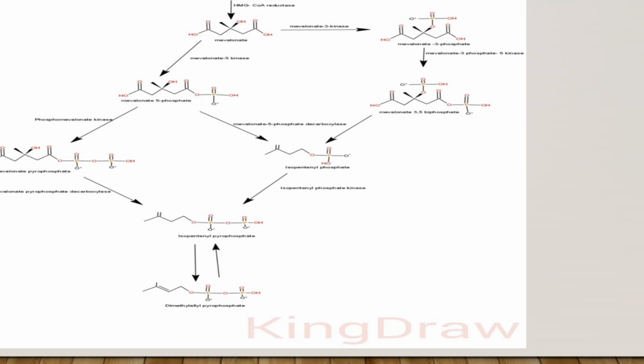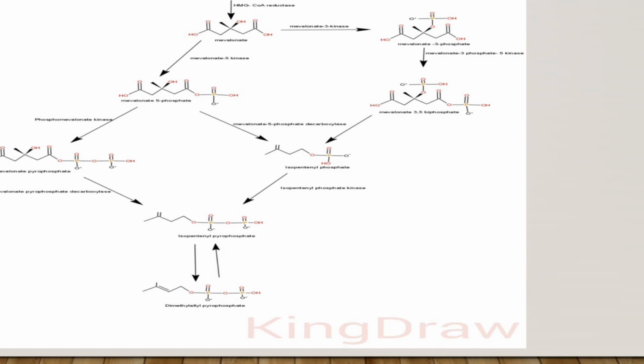The phosphate group may be attached at the 3 position or 5 position. Then mevalonate 5-phosphate goes to mevalonate pyrophosphate, and mevalonate pyrophosphate to isopentenyl pyrophosphate. In another way, mevalonate 3-phosphate goes to mevalonate 3,5-diphosphate, isopentenyl phosphate and then isopentenyl pyrophosphate.